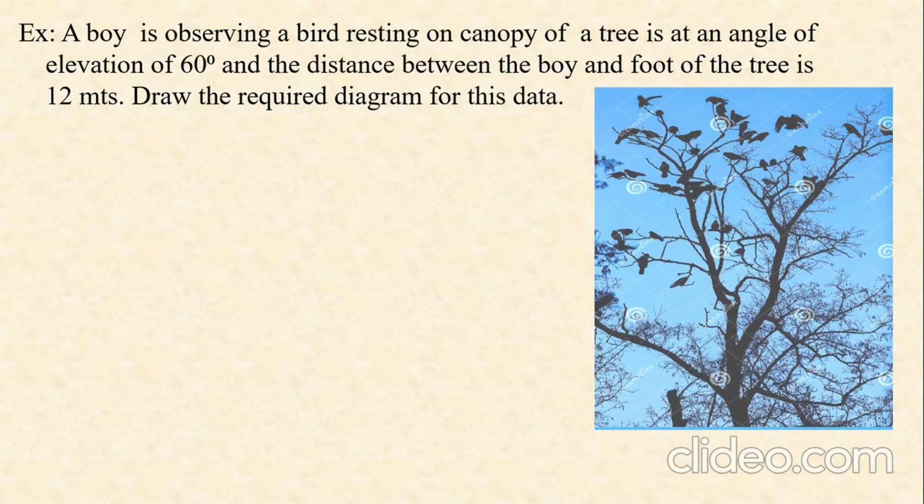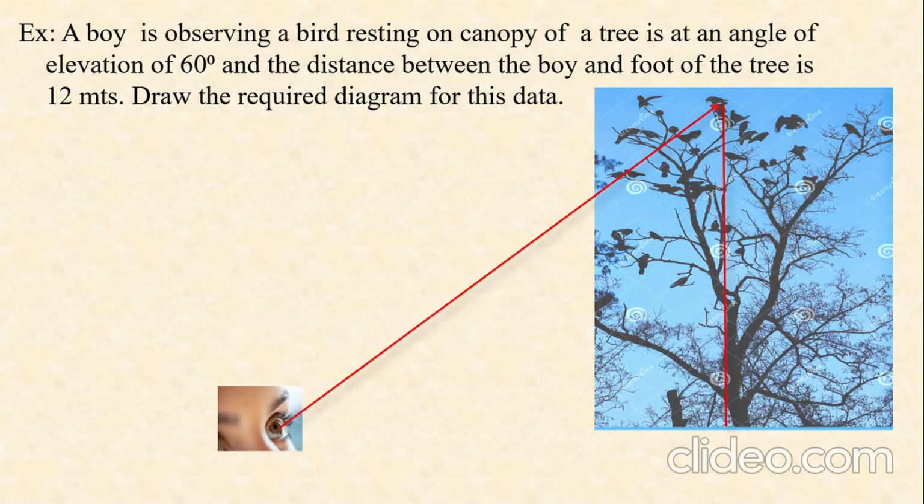Okay, this is the figure. The tree is given. Some birds are sitting on the branches of the tree. Here is an observer, and this is the height of the tree, and this observer is observing the bird at an angle of elevation of 60 degrees.